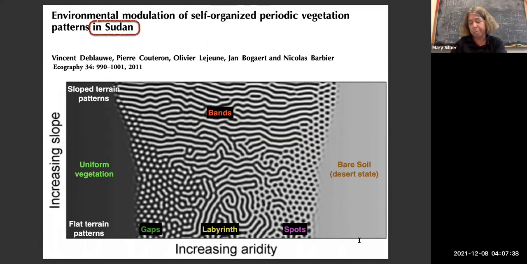There are lots of indicators that you really don't want there to be much of a slope to the terrain, like definitely less than say 2% slope. But I want to highlight again another one of these studies from this Belgian group that I like a lot. They focused on this region in Sudan where there is a large aridity gradient as you go from the northern regions, which are more arid, to the southern regions of Sudan.